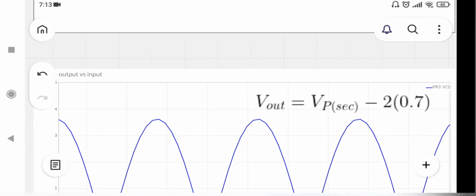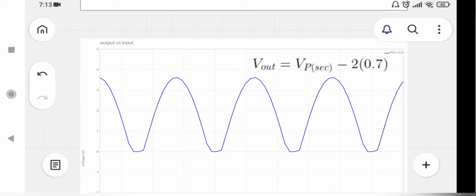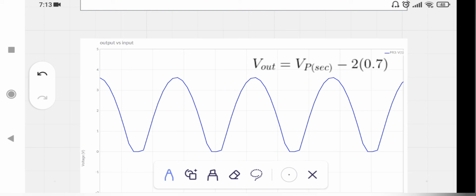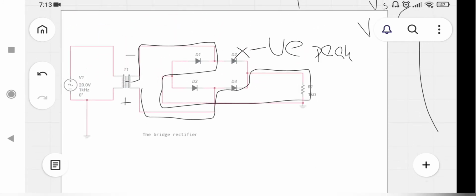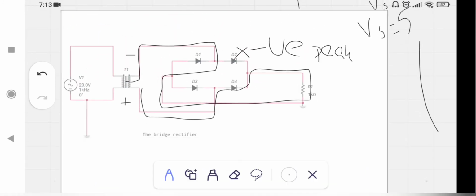Now, this is the output voltage, which is equal to 3.6 volts peak. This is DC and it is pulsating, but we need to have a capacitive filter here.